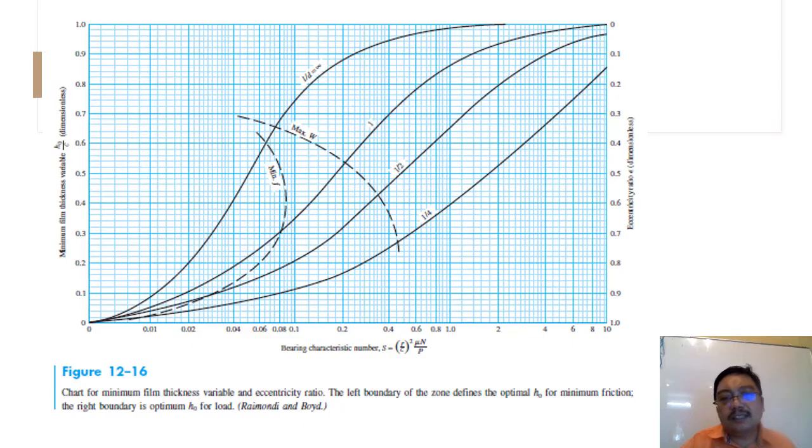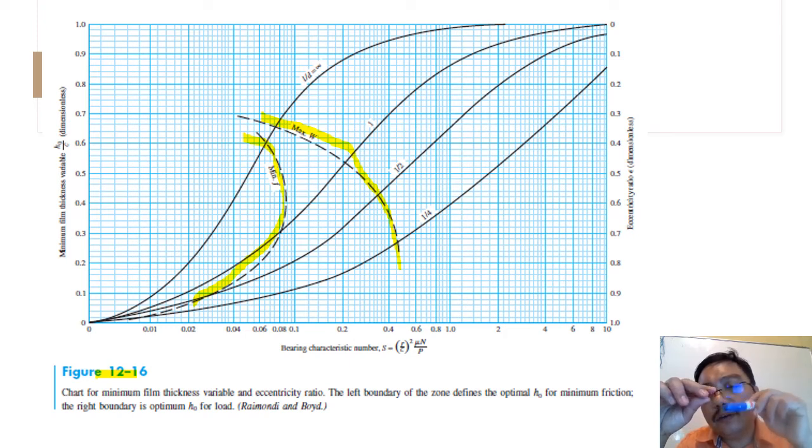So here is figure 12.16. What the previous slide tells about is this dash line, the condition where you must choose between maximum load or minimum friction. The condition is that the journal sits perfectly at the center of its position for the bearing.